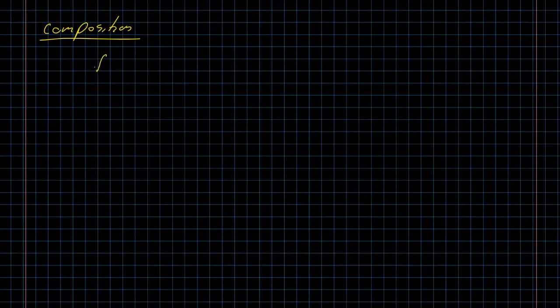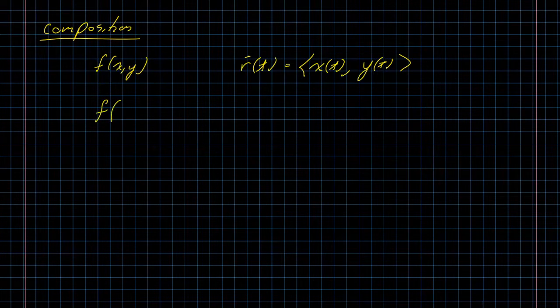If I have a function f of x and y, and I have another function r of t given as the vector valued function x of t, y of t, then I can take f of r as f of x of t, y of t.